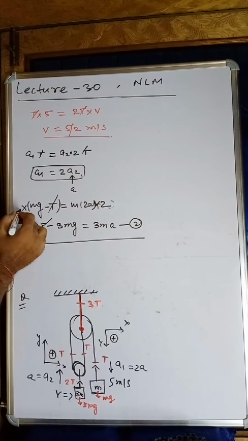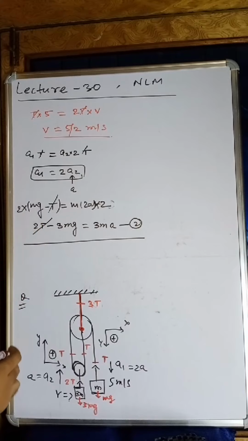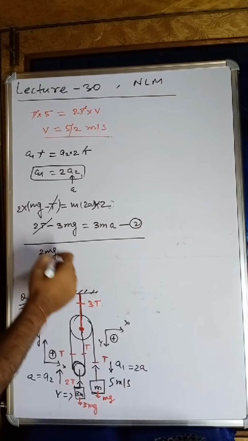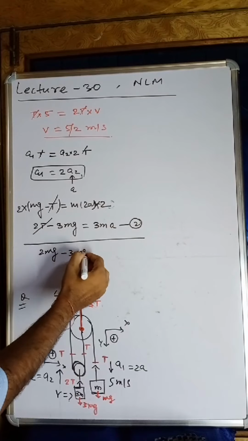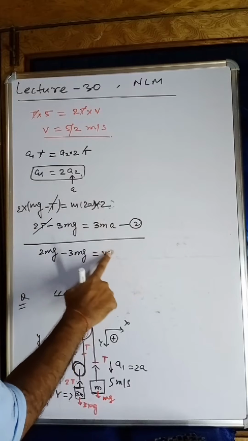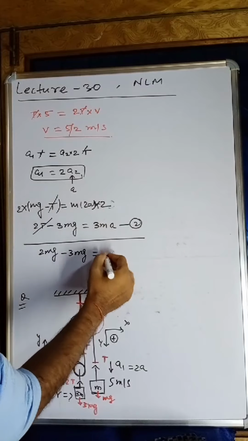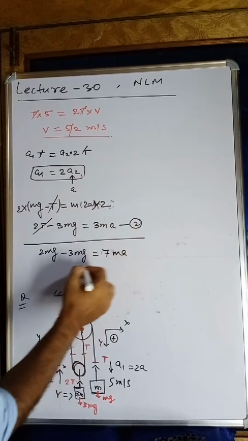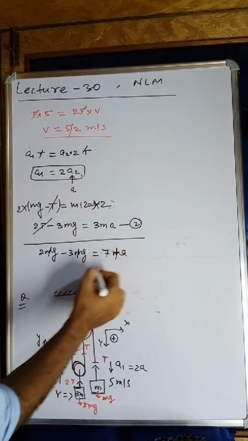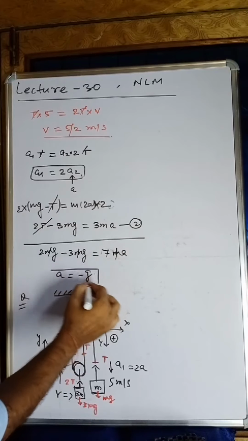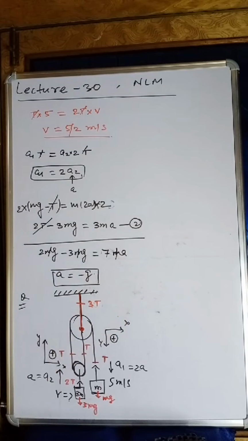You multiply by 2, 2t will be cancelled out, and then you will have twice mg minus thrice mg is equal to 7ma. M will be cancelled out. So a is equal to minus g.